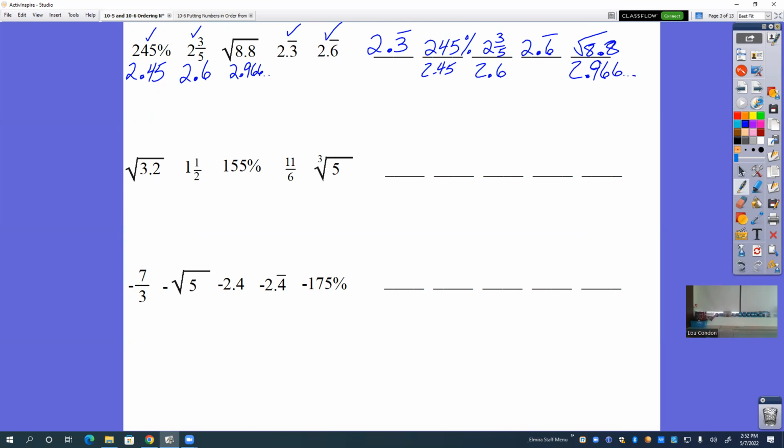And then converting this next round, the square root of 3.2 is technically 1.7888, with some more numbers. This would be 1.5, 1.55.